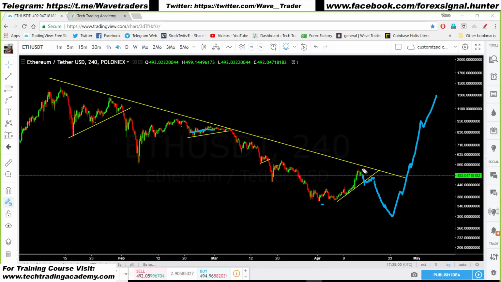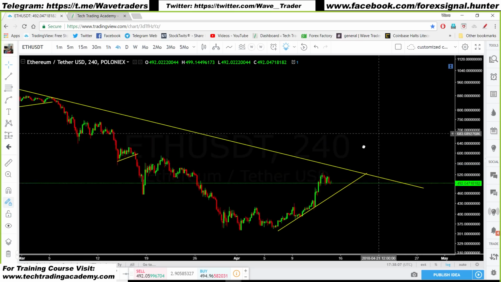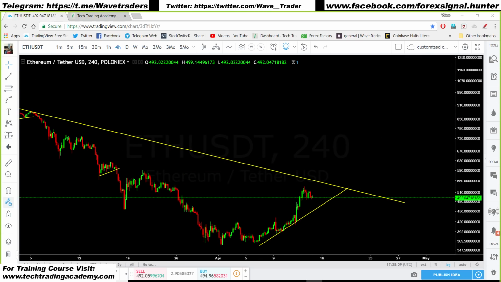For buy, watch this breakout. This pattern which is just developing over there, an aggressive breakout and continuation for upside. This correction should complete first before you buy Ethereum for upside.